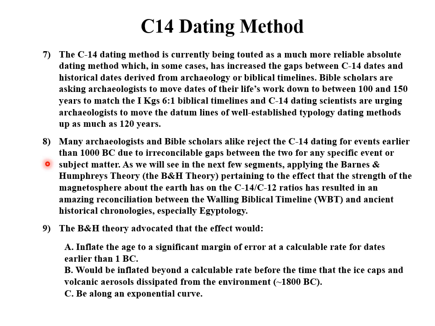When you get past 1000 BC, that's when you're getting 50, 60, 70, 80, 100 years of difference between the carbon-14 dating and archaeological dating, or actually the biblical timeline. All right, it would be inflated beyond a calculable rate before the time that the ice caps and the volcanic aerosols dissipated from the environment, which creationists put around 1800 BC.